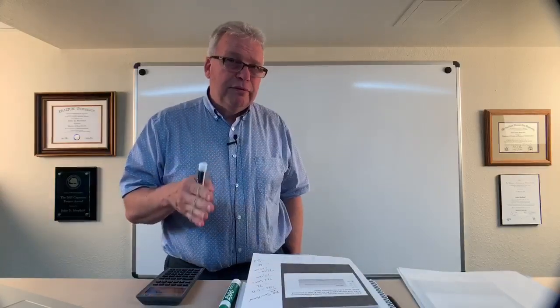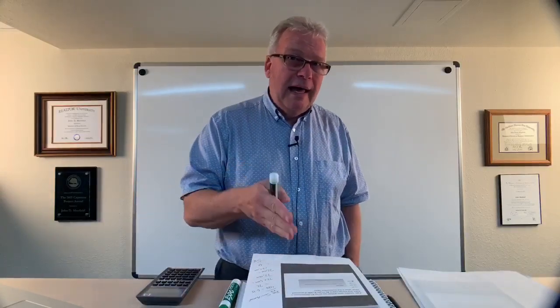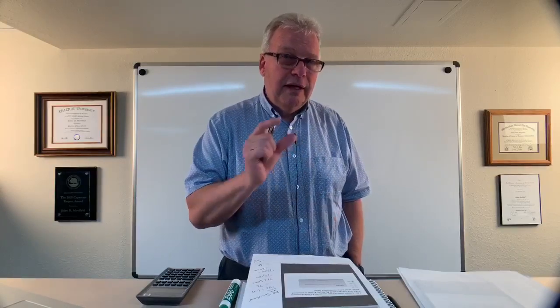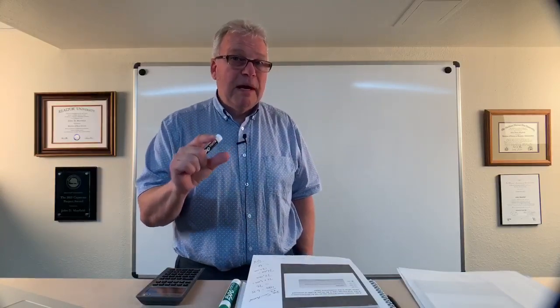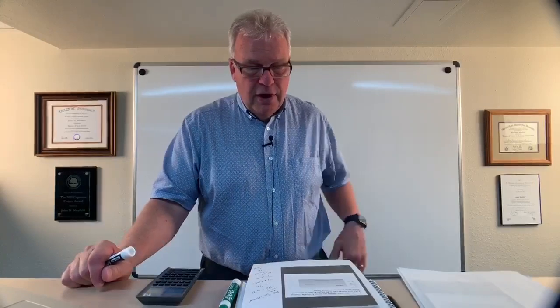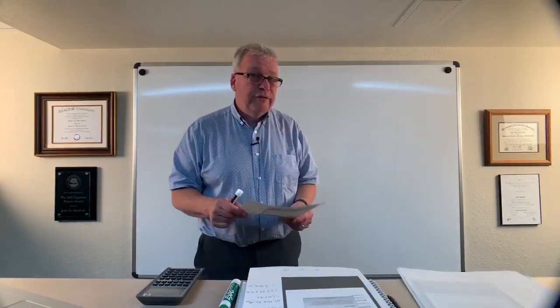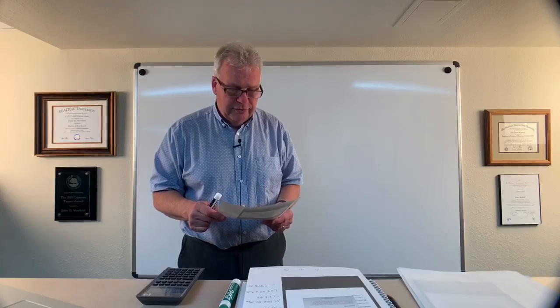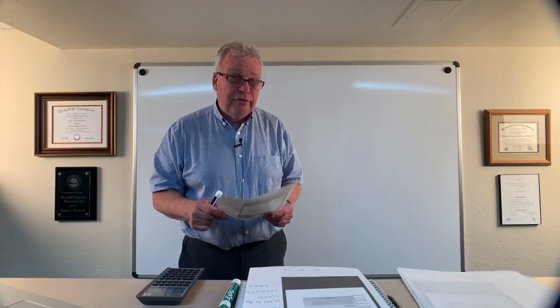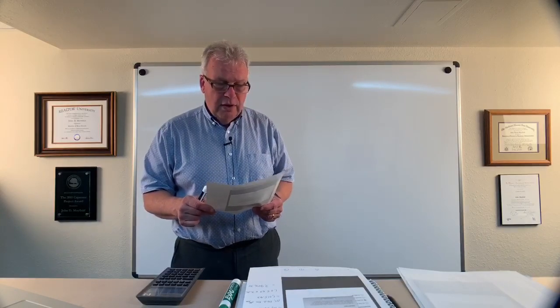If Mr. Smith's semi-annual tax, key word there, semi-annual tax, on his $120,000 home is $243, and the tax rate is $6.75 per 1,000 of assessed value, what's the assessment ratio?